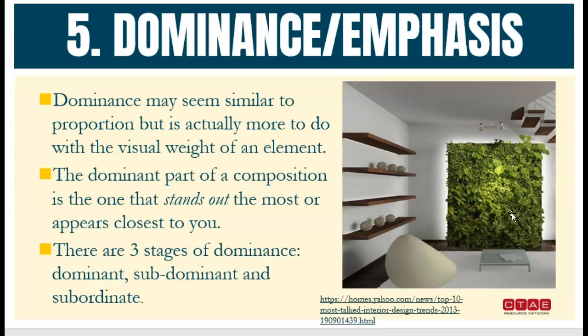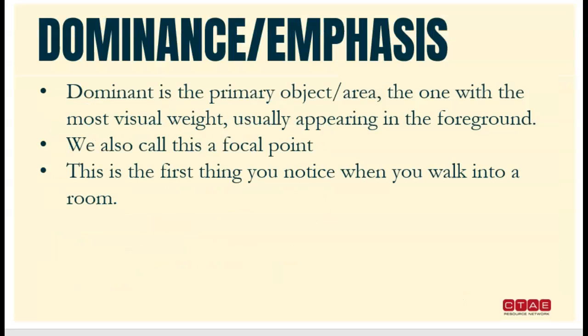So there are 3 stages of dominance: dominant, subdominant, and subordinate. With dominance and emphasis, the primary object or area is the one with the most visual weight, usually appearing in the foreground. We call this the focal point. This is the first thing that you notice when you walk into a room.